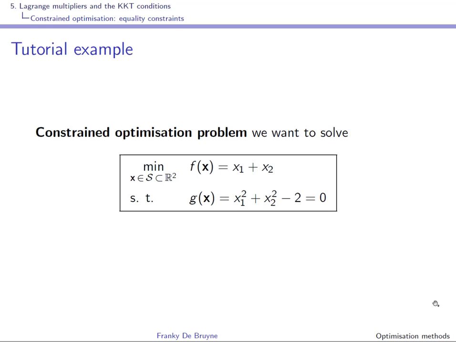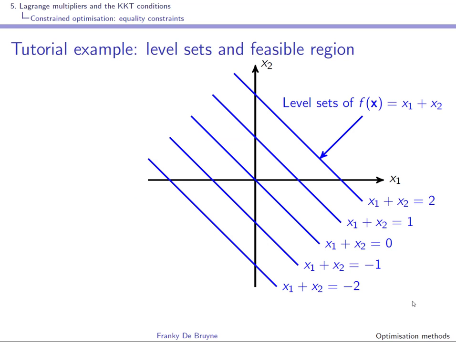We minimize an objective function that is linear in x1 and x2, simply x1 plus x2, and the equality constraint constrains x1 and x2 to live on a circle centered at the origin with a radius of square root of 2. This example is so simple that we can represent everything in the x1, x2 plane.